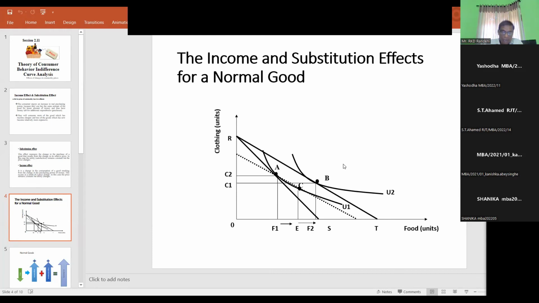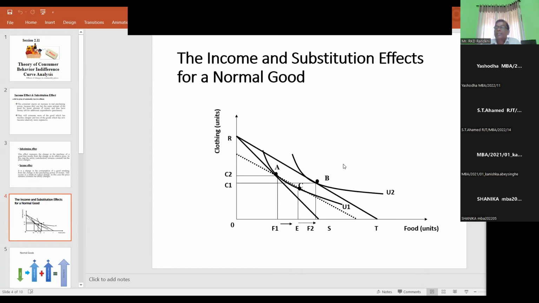Here, quantity Y, quantity X. Assume that X is the normal commodity, and the price of X is reduced.